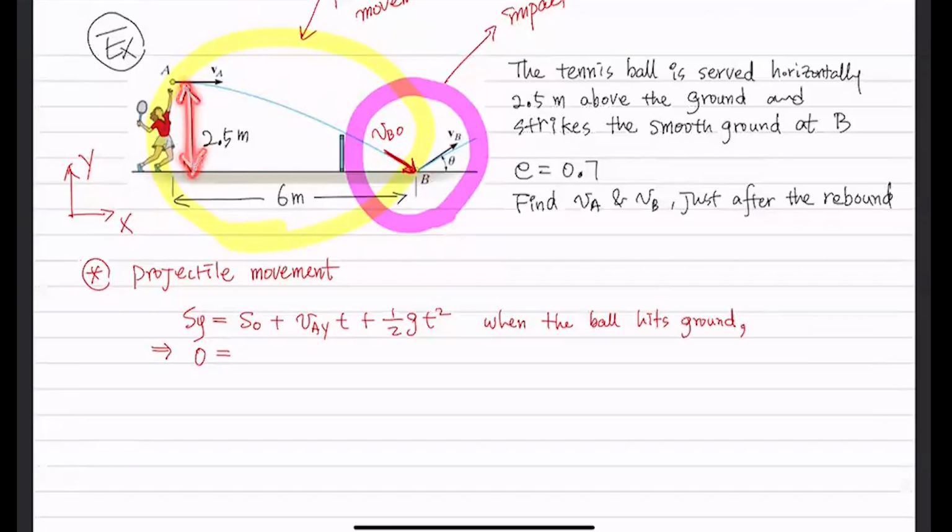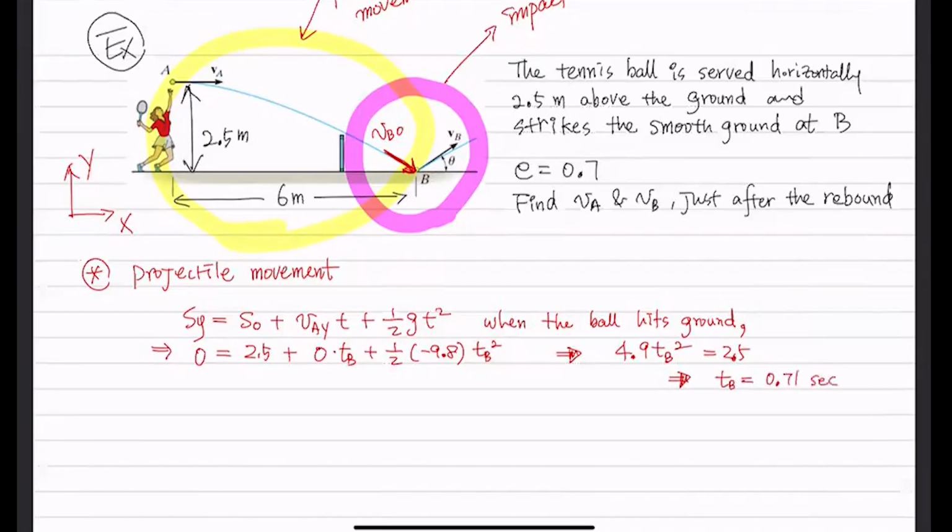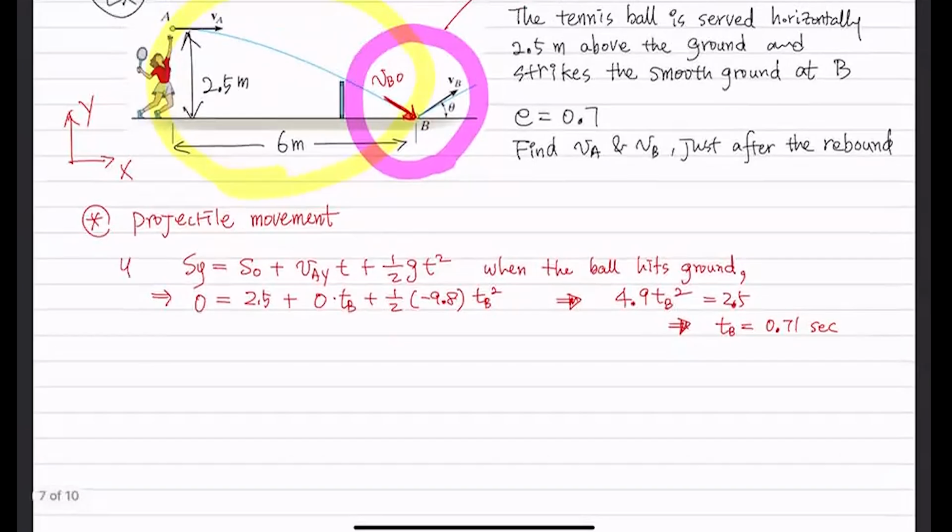The initial displacement is 2.5 plus, what's the initial velocity in the vertical direction? There's nothing, right? So it's 0 times tB plus 1/2, g is negative 9.8, and tB squared. From here, 4.9 tB squared is 2.5. Is that right? Yeah. So tB is equal to 0.71 second.